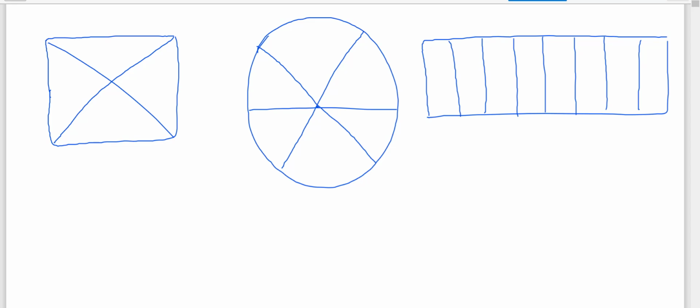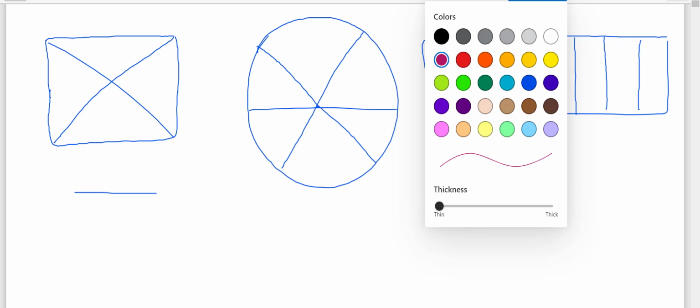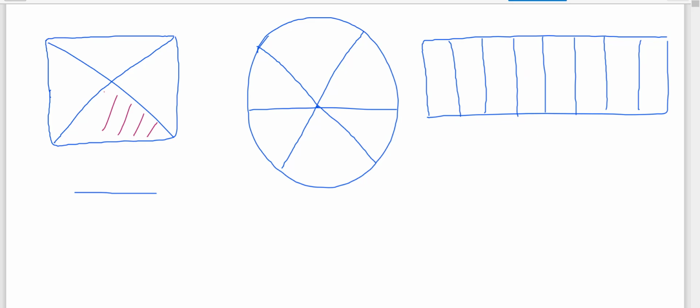First, this shape, write this fraction: shaded 3 parts, and write this fraction.